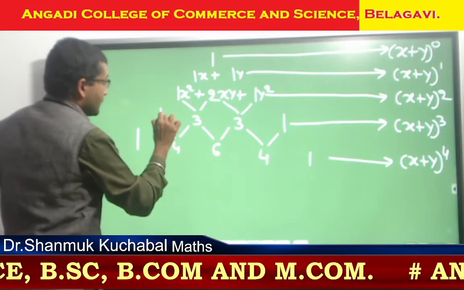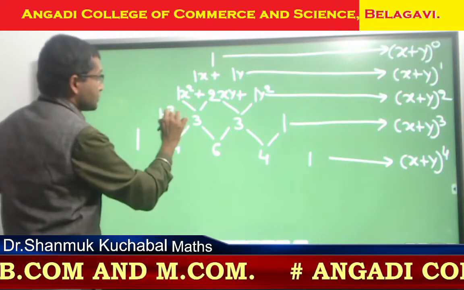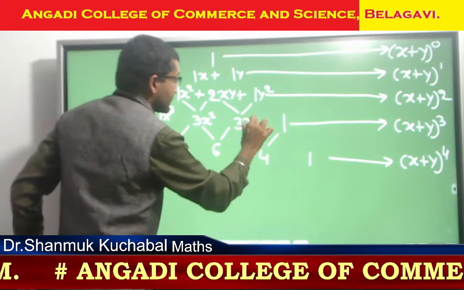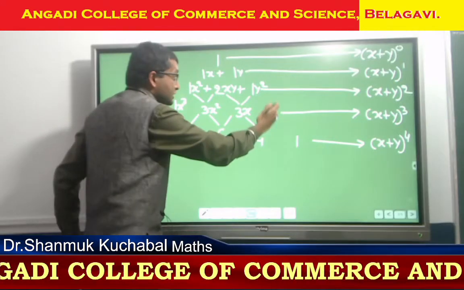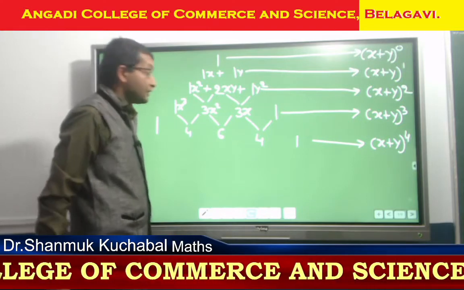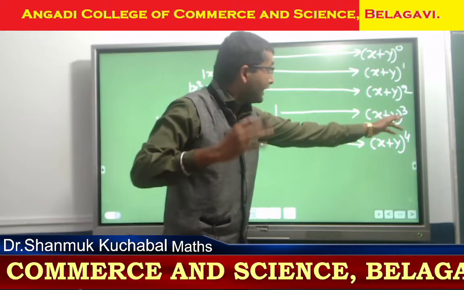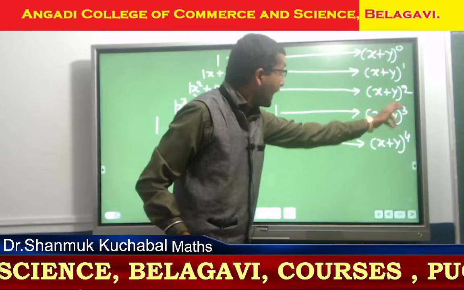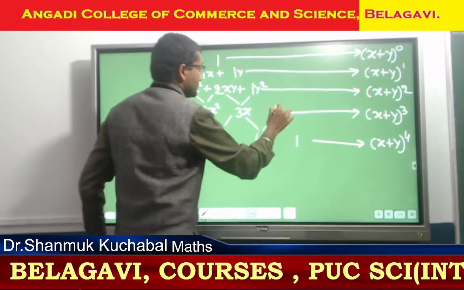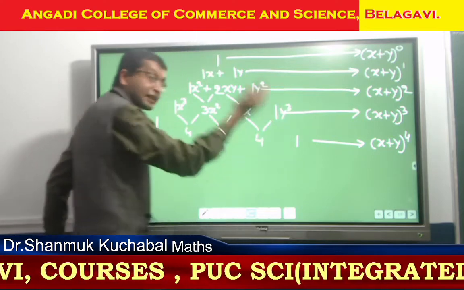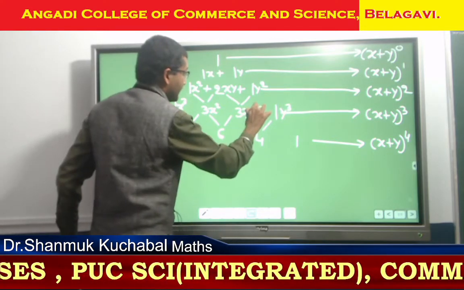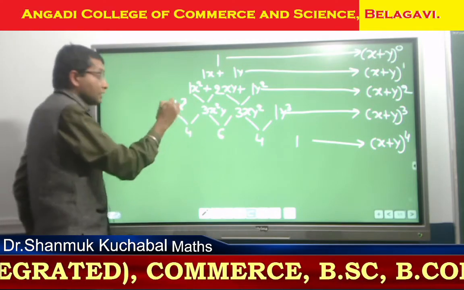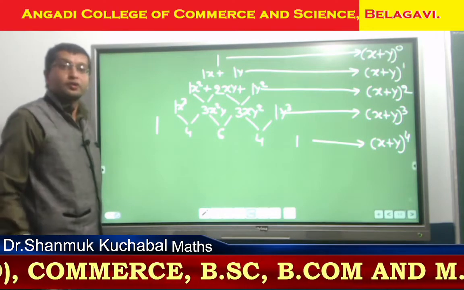Now (x plus y) raised to 3, so very simple. The highest power of x is 3, so decrease the power: x square, x, then x raised to 0, which is 1. In the same way for y, take the highest power: y raised to 3, decrease it, y square, then y, then y raised to 0, which is 1.